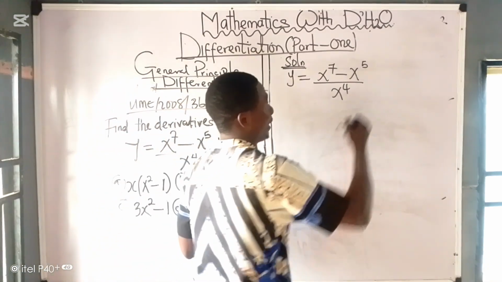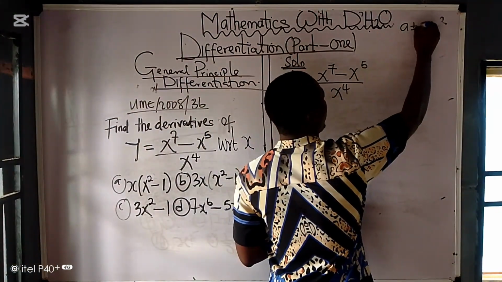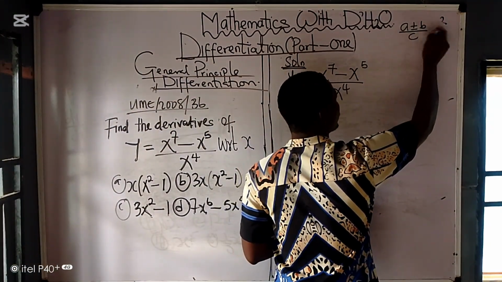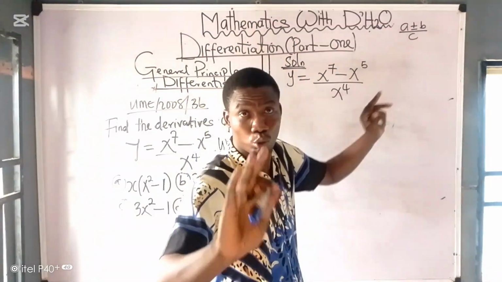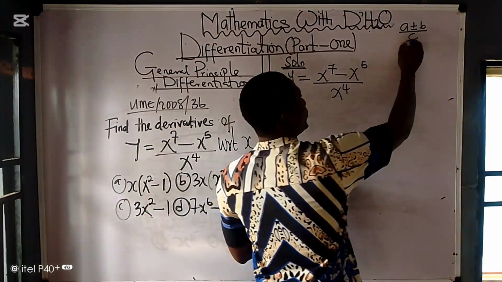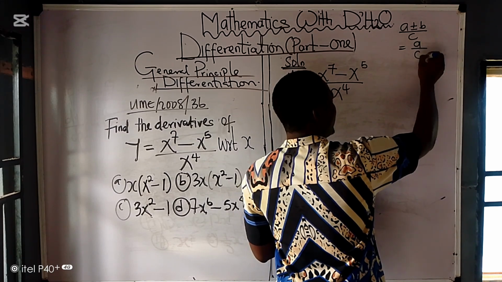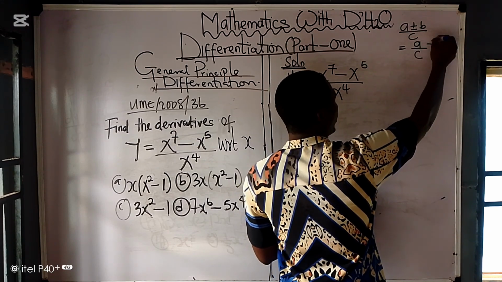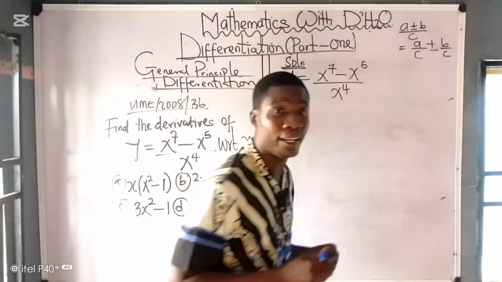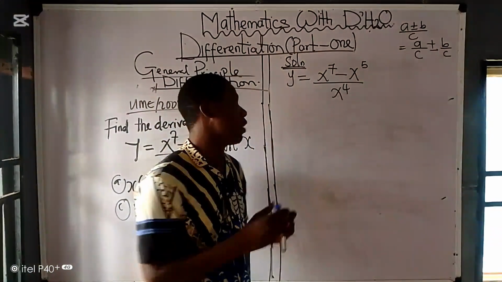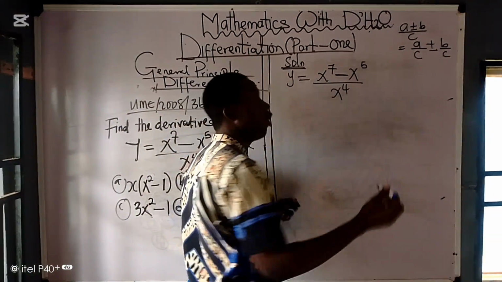If I have in mathematics A plus or minus B over C, the only way of simplifying this is to give you A over C, plus or minus B over C. That's how we simplify a fraction having minus or plus.